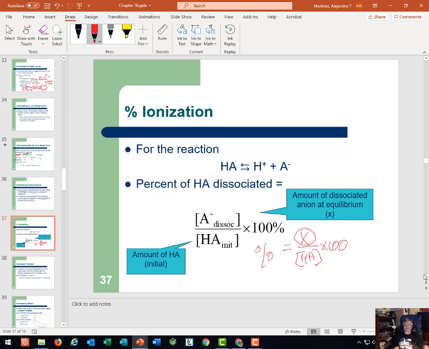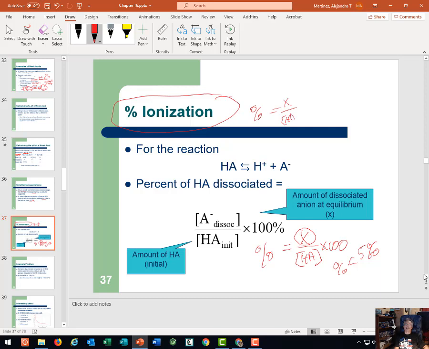Now, we'll use the 5% rule as long as the percent ionization is less than 5%. It's going to be less than 5% in the problems that I've given you, but I may ask you to calculate the percent ionization. So you just need to remember that percent ionization is equal to X divided by the concentration.